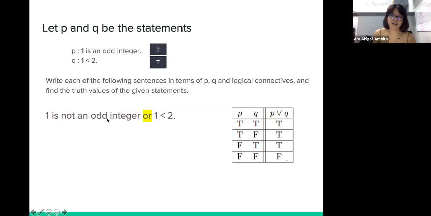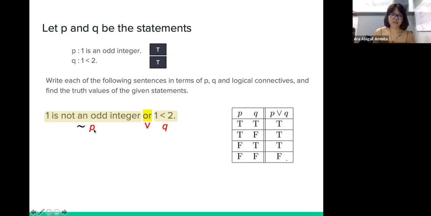1 is not an odd integer or 1 is less than 2. We can see that this statement has a negation of P. If P is 1 is an odd integer, but here we are adding a not operator, meaning we are negating P, so we express it as not P. And 1 is less than 2 is just Q. We can use the symbol to represent the OR.